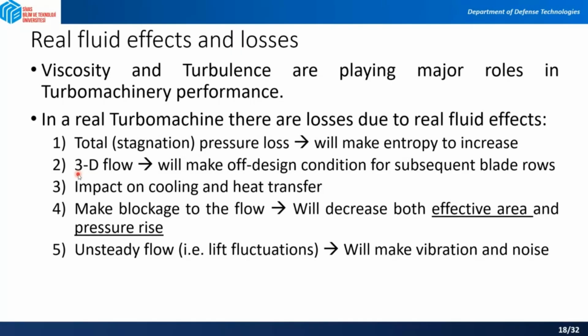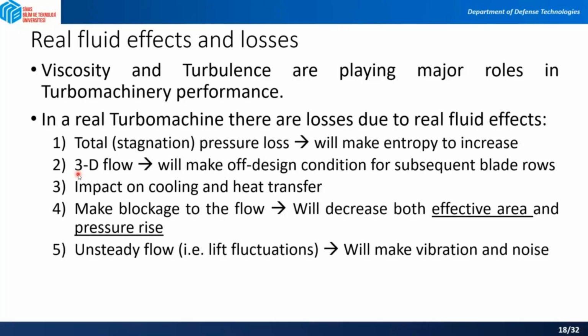And if you remember, what we mean by three-dimensional is the radial variation. So we said that in the preliminary design, we just have a 2D flow, which is flow that is not radially changing.